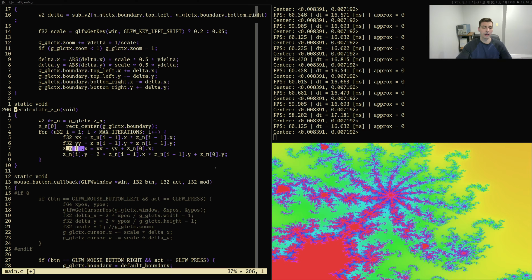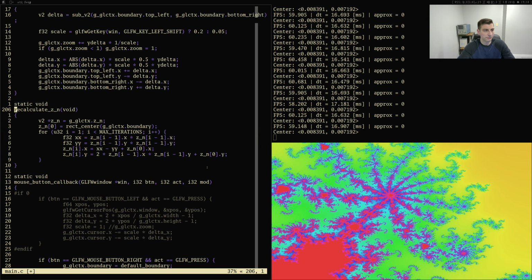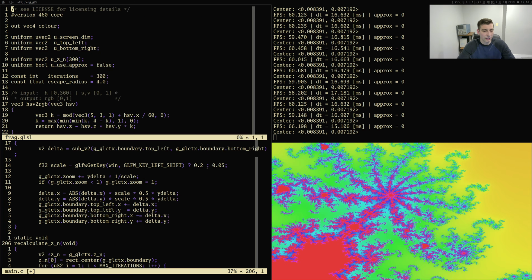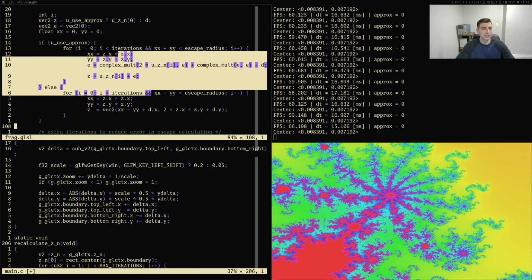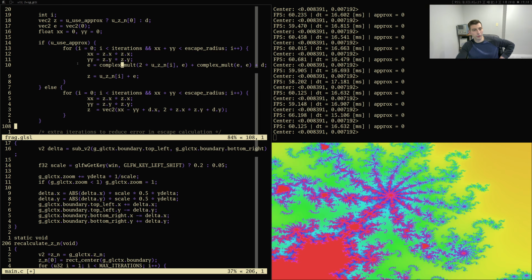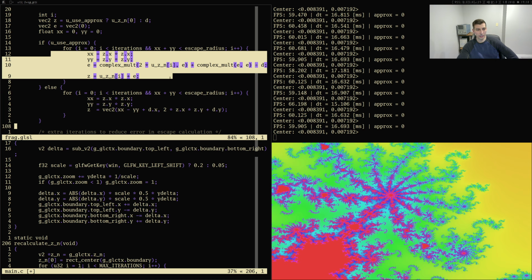And then what the GPU does is, if I open the fragment shader, if we're using the approximation in the fragment shader, we basically compute this epsilon value. But it basically didn't work out too well last time.